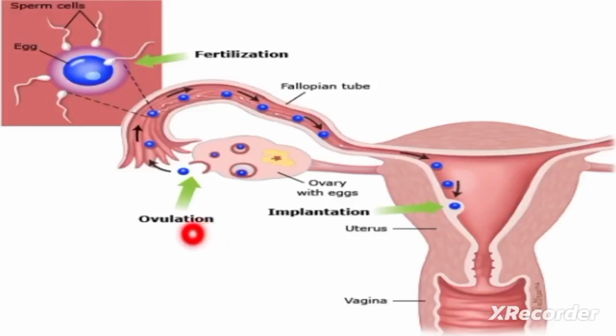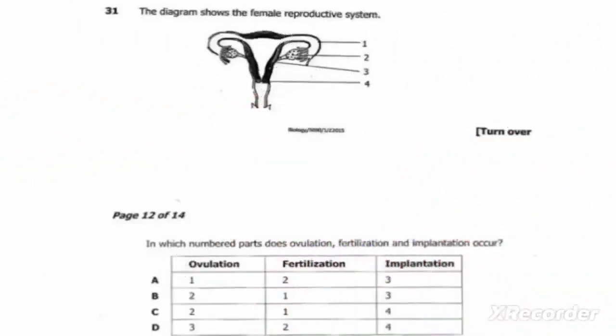So we have seen that ovulation takes place in the ovaries, fertilization takes place in the fallopian tube, and implantation takes place on the uterus. Therefore, our correct answer is B. Ovulation is 2, as the ovaries are represented by 2.